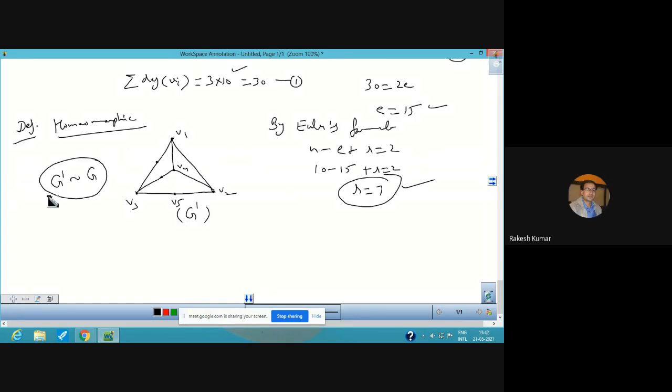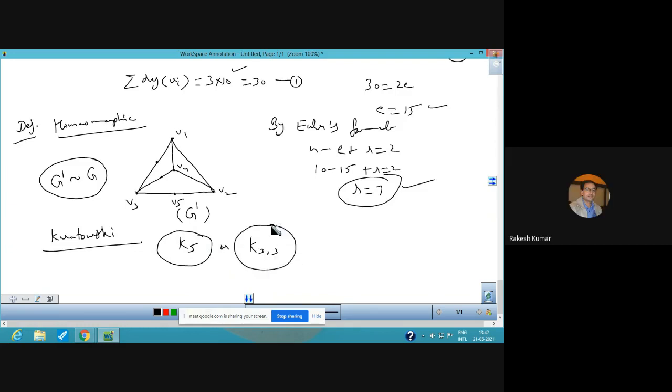Next we have the statement of Kuratowski's theorem. Kuratowski's theorem is for planarity of a graph. A graph is planar if and only if it contains a subgraph homeomorphic to K5 or K3,3.